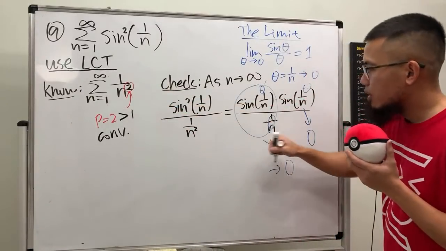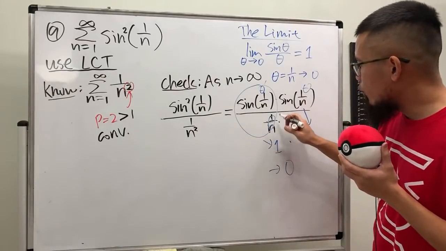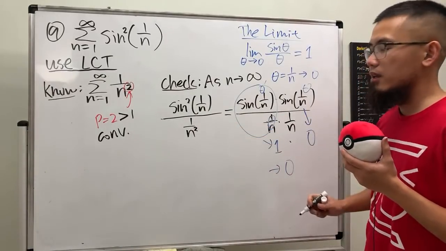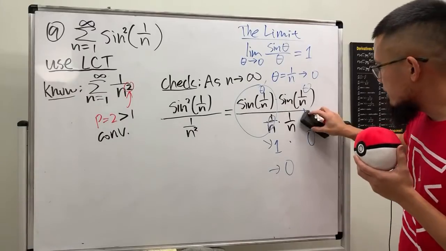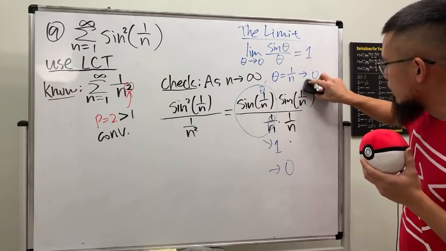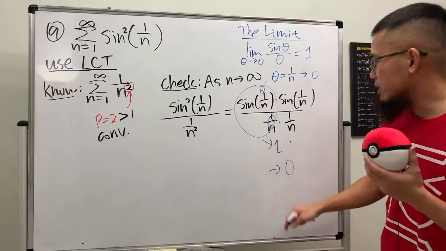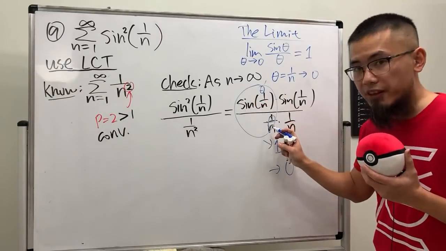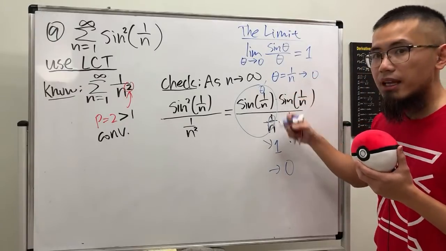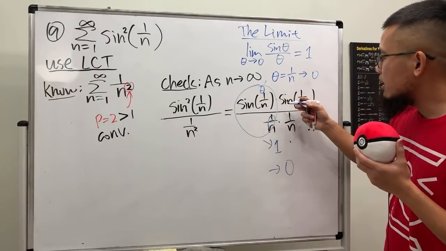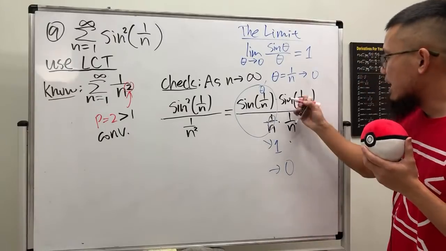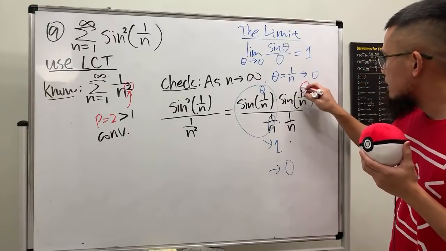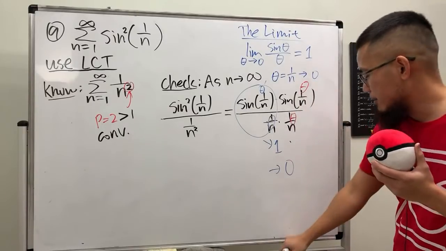And then you see 1 over n squared means 1 over n times 1 over n. So the truth is, I will erase, and you see, earlier, this is sine theta over theta, where theta is 1 over n. And now, for the second part, this is also sine theta, and this is also theta.